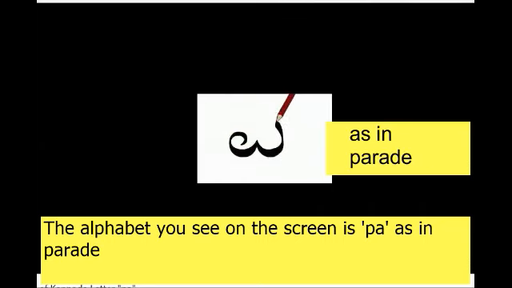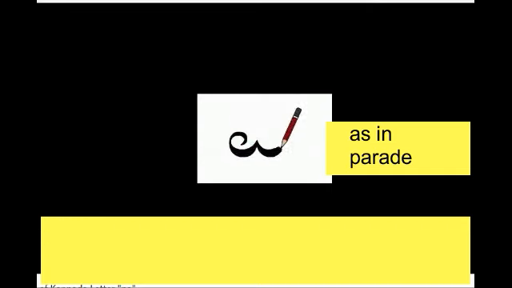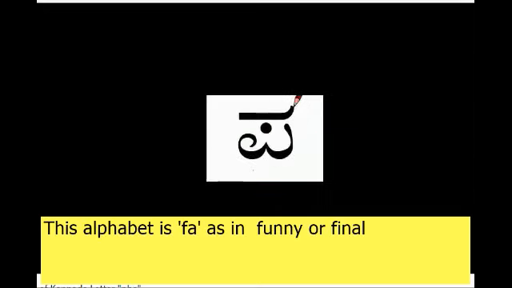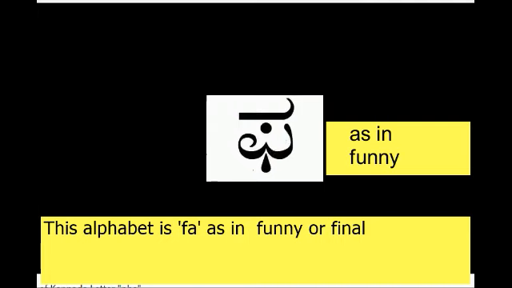The alphabet you see on the screen is P, as in parade. This alphabet is F, as in funny or final.